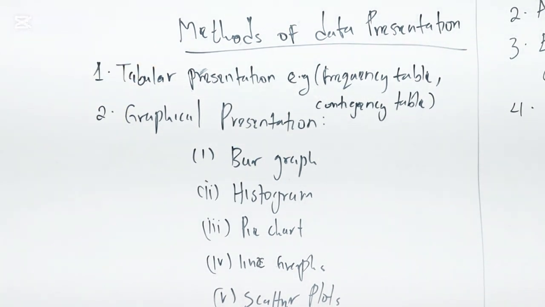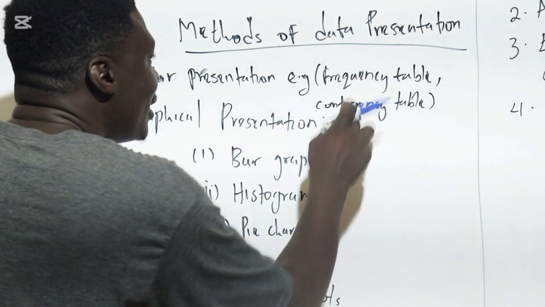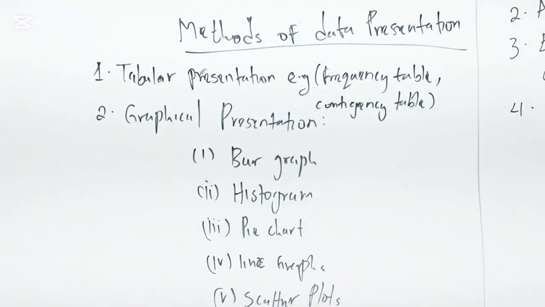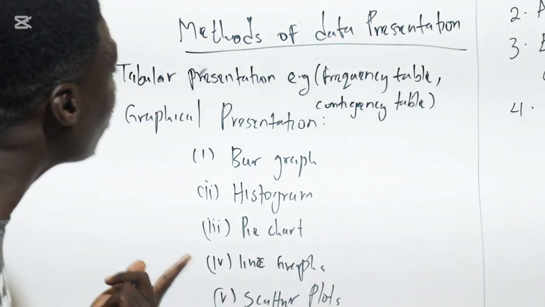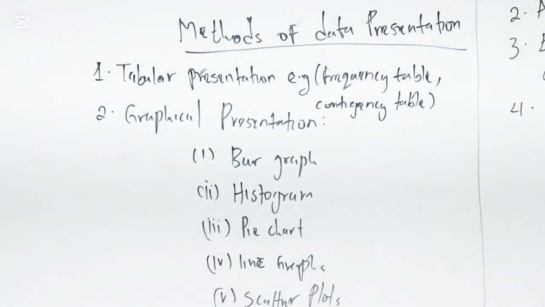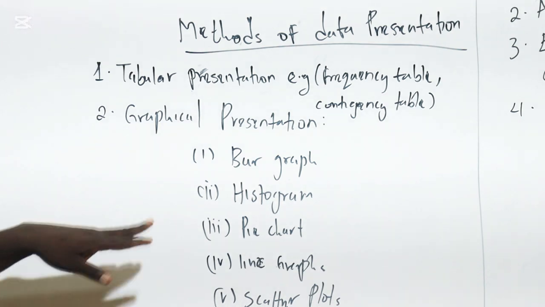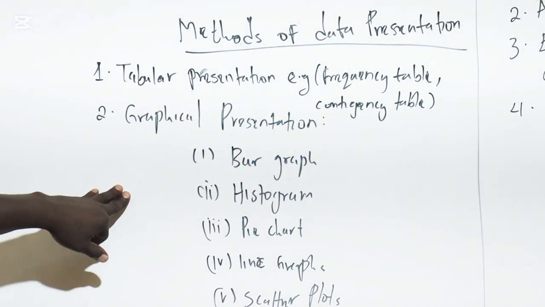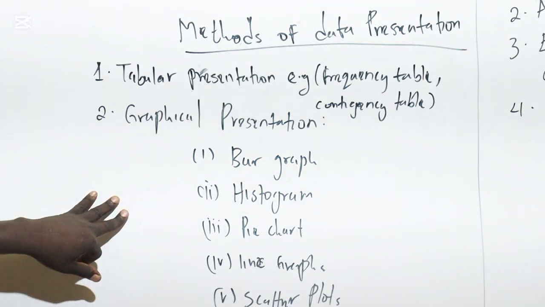And when we talk about data tabulation, we talk about frequency distribution tables and contingency tables. The frequency distribution table we will tackle more in our topic, measures of central tendency, where we learn how to prepare a frequency distribution table to calculate the mean, median, mode, and standard deviation. The contingency table will be covered more in probability, but I'll highlight them and draw them so that you have a pre-exposure idea.